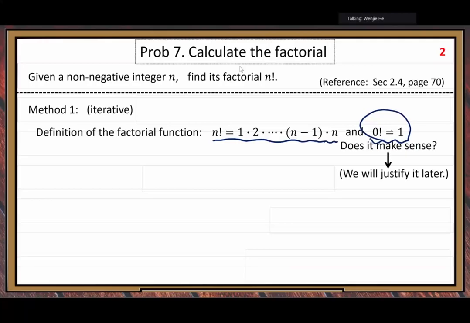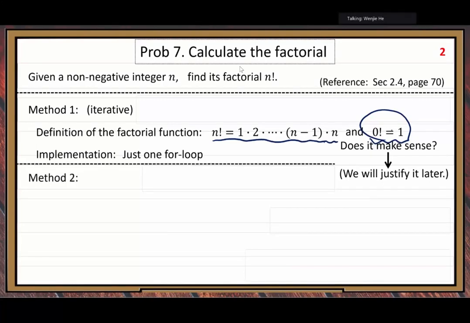So let's get more understanding of the implementation. For the iterative method, we just use a for loop and we can find the answer easily. But here we want to use the second method, the recursive method, to help us get some good understanding of the recursive algorithm idea.